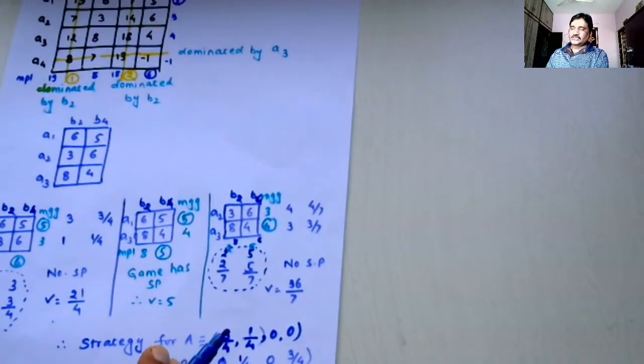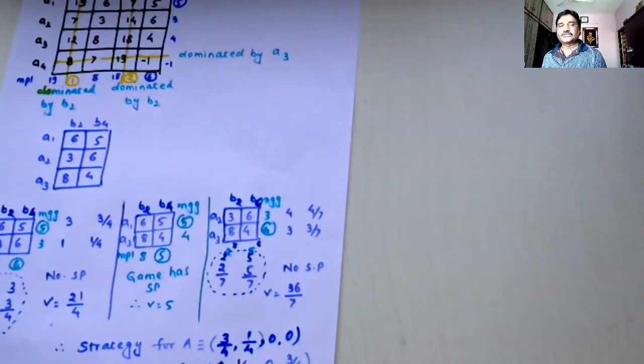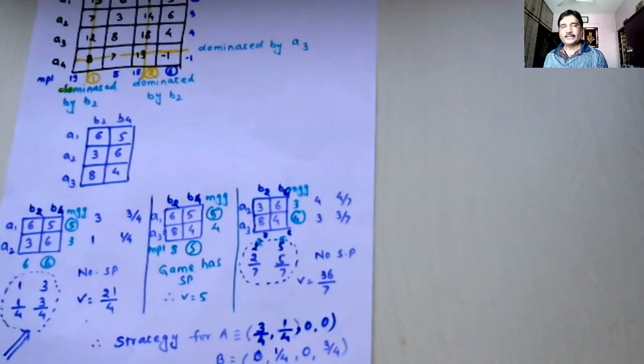Once again, if you simply write all these values here and here and do the sum of the products, you will get 21 by 4 for every row and every column.